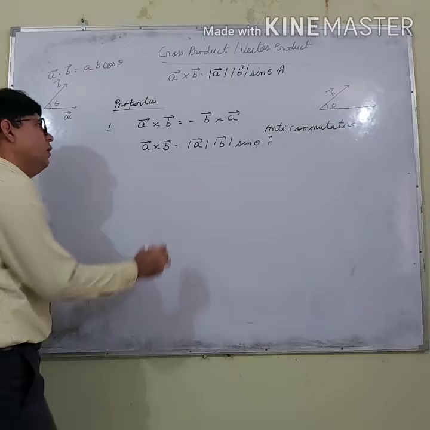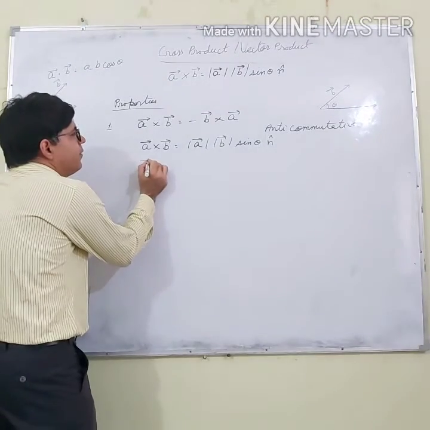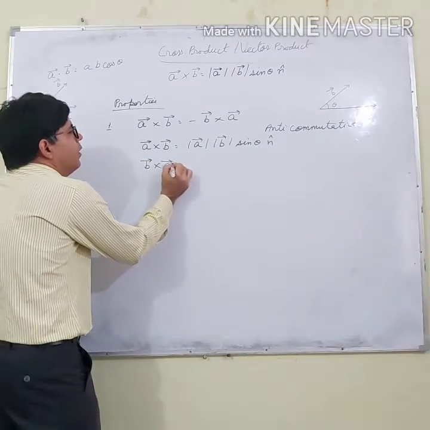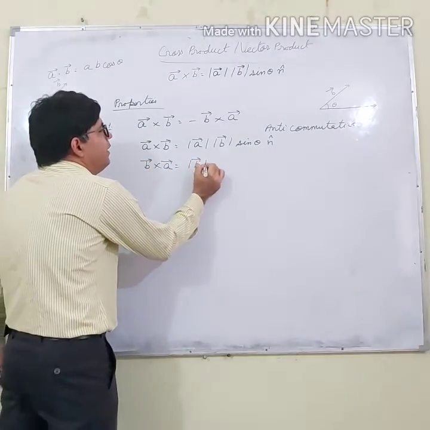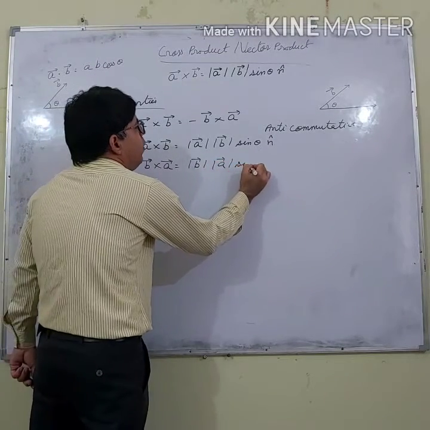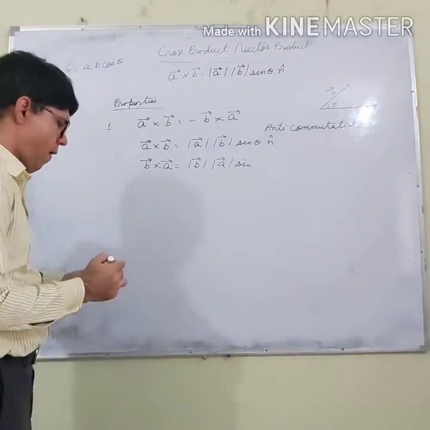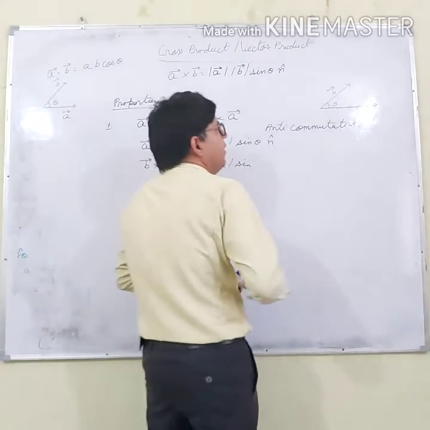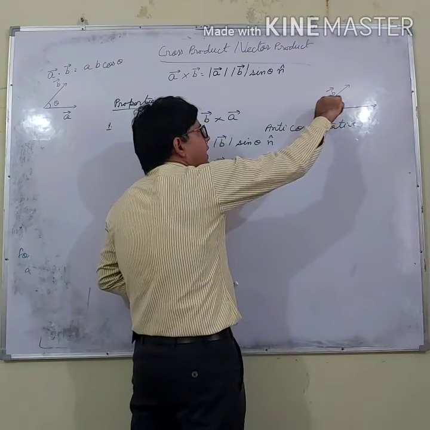If I say B cross A, what is it? The magnitude of B multiplied by the magnitude of A and the sine of the angle.